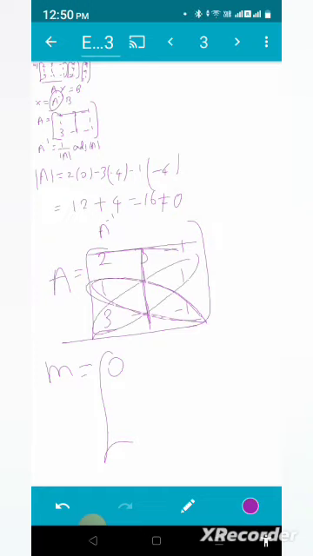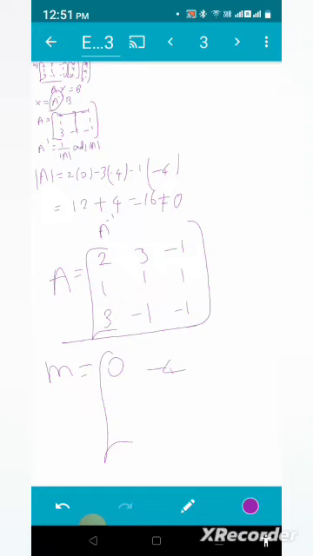Minus 3, minus 1 minus 3, that is minus 4. Third one, the corresponding row and columns are get cancelled. Minus 1 minus 3, that is also minus 4. Similarly the corresponding row and columns are get cancelled. Minus 3 minus 1, that is minus 4 for here.